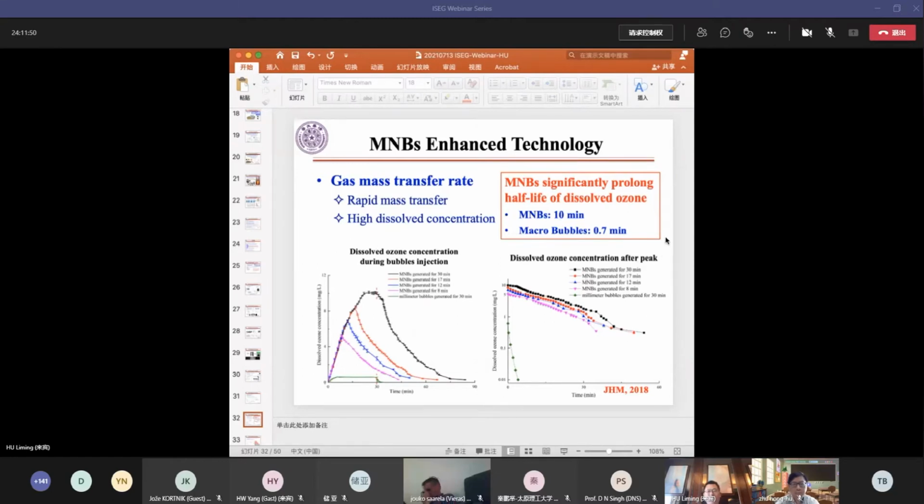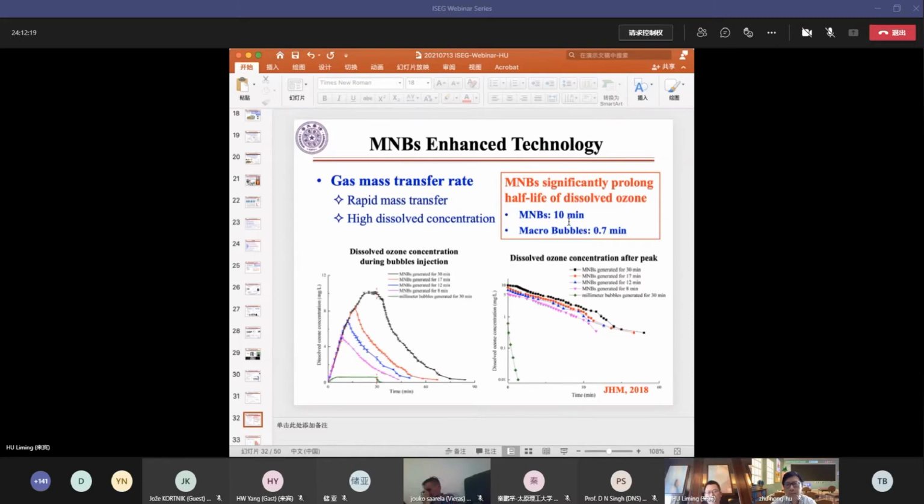As we know, ozone can self-degrade in a very short time. But if we use micro nanobubbles as the ozone carrier, the half-life can be increased from 0.7 minutes to 10 minutes.